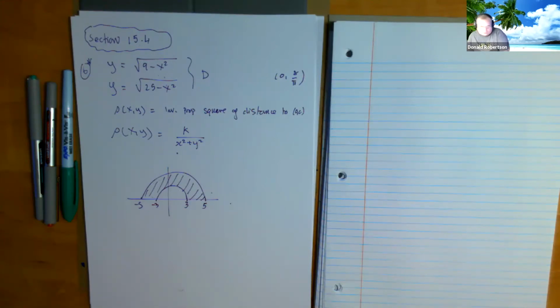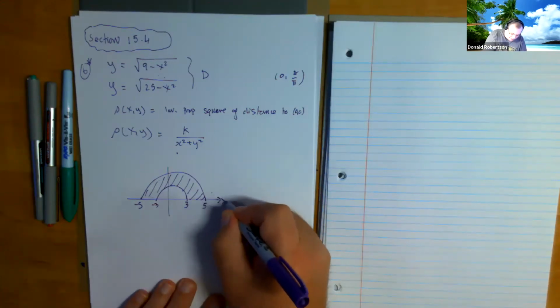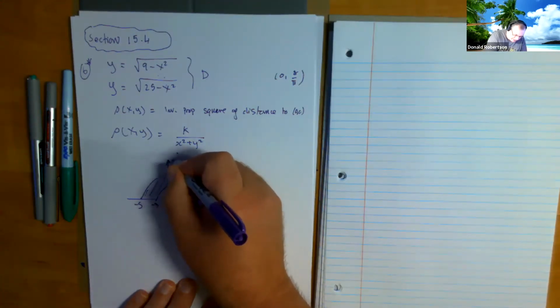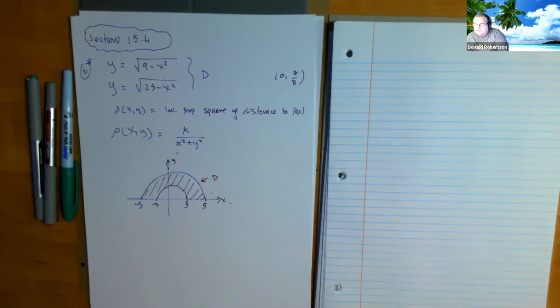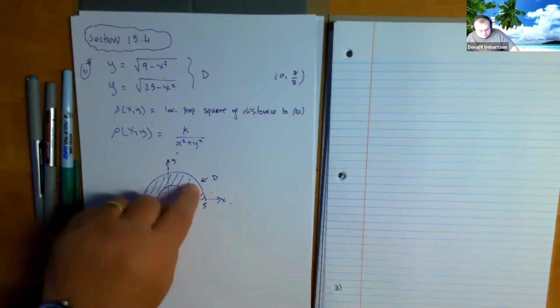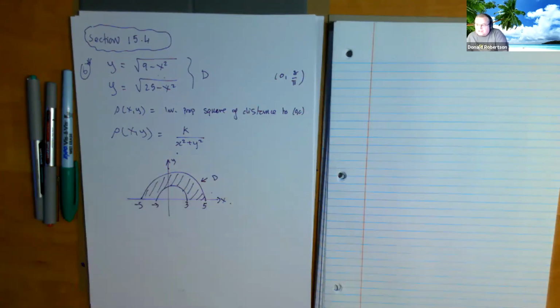Are we comfortable so far with the setup, that we now know what D looks like, and we do have a formula for the density function? Everything's cool so far. So really what we need to do now is find M, and then get X bar, and then after that we can get Y bar, and we should be finished.